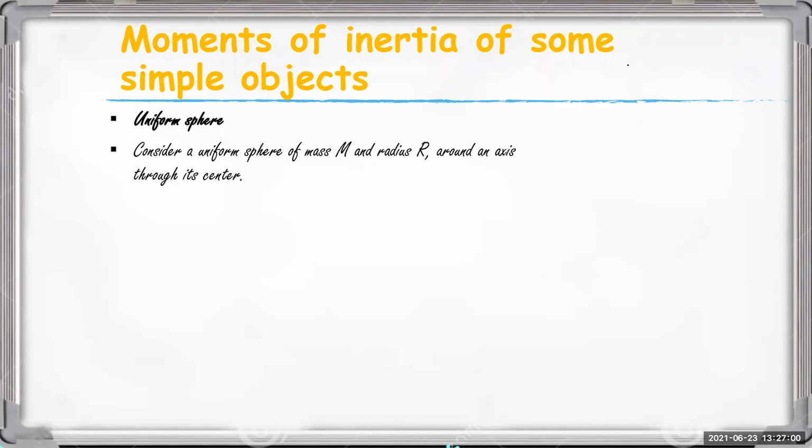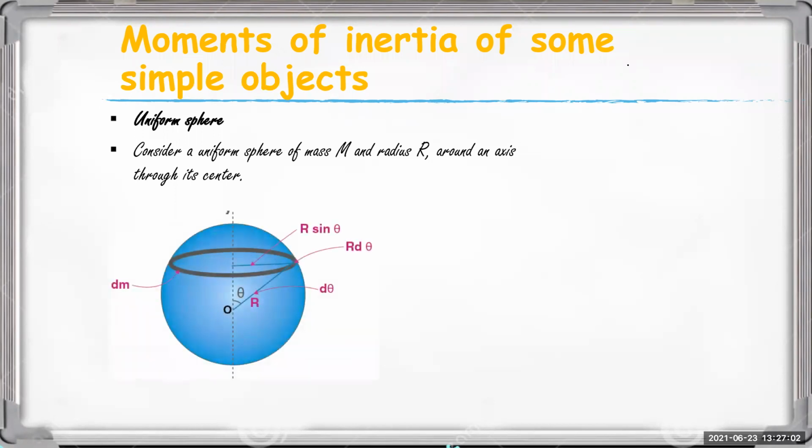So here, considering a uniform sphere of mass m and radius r, the axis is chosen passing through its center, and it is located in the z direction.